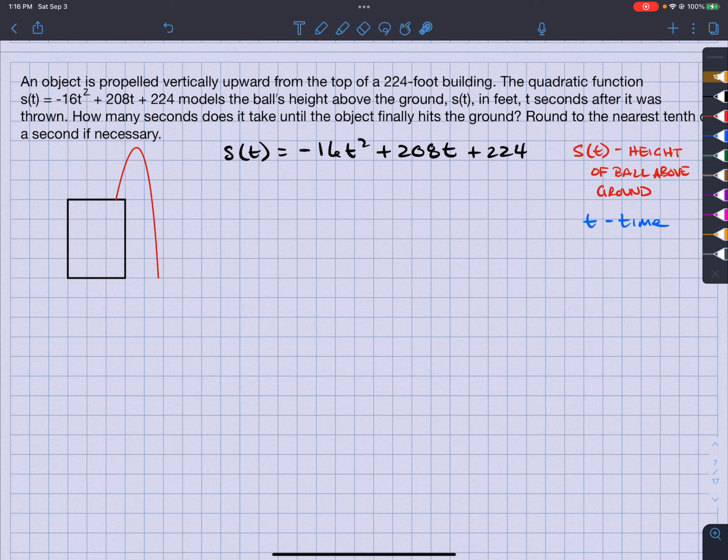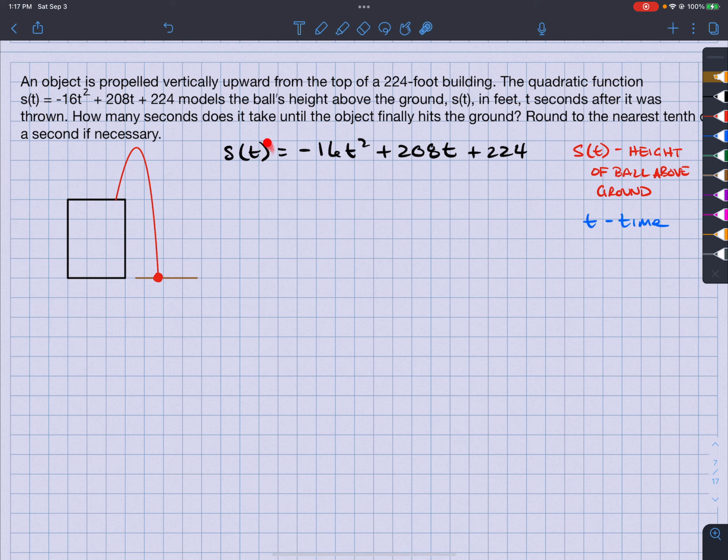Okay, so here is the ground, as you guys can see. So the question is, at what point, at what time does it hit right here? So here's the thing. What does that mean for S sub t? How high above the ground am I when the ball hits the ground, since it's the height of ball above ground? 0.